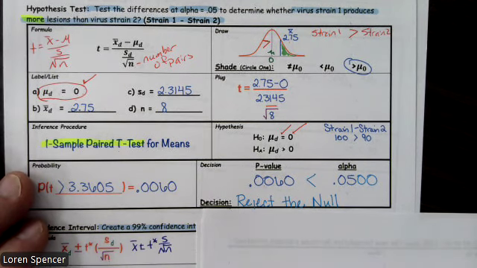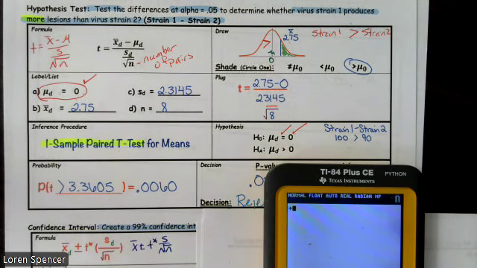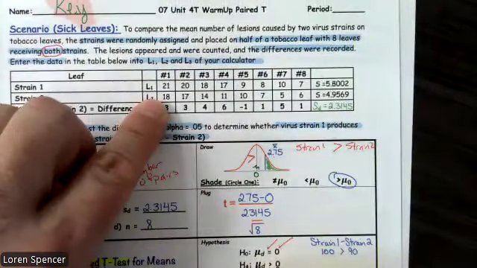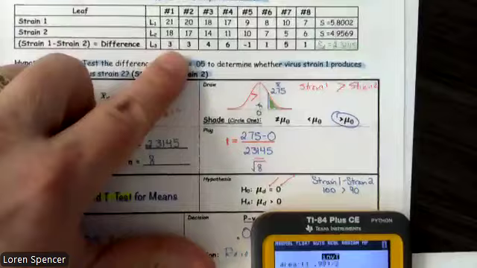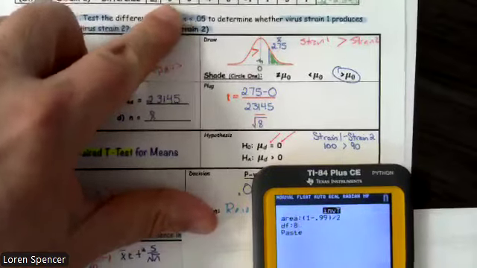So let's go ahead and calculate T star. We're going to have to go 2nd vars, inverse T, and in this case, we're doing a 99%. So parenthesis 1 minus 0.99, close parenthesis, divided by 2. And degrees of freedom, we need to be careful with this. Degrees of freedom is based on our pairs. So we have 8 pairs. We don't want to say that we have 16 values. We have 8 pairs, all right, because that's what we entered into the calculator.